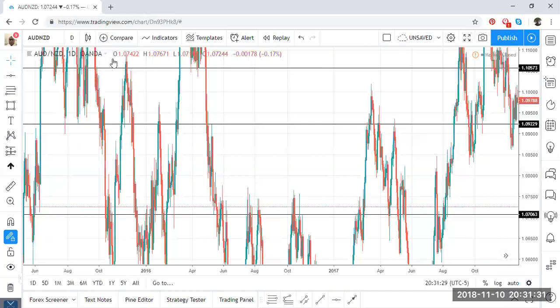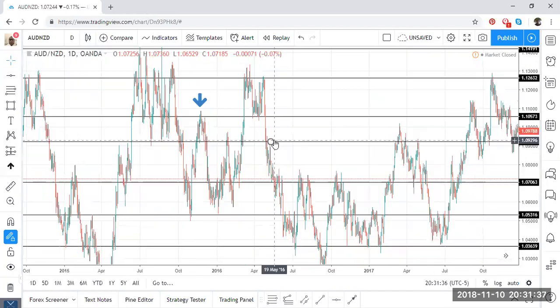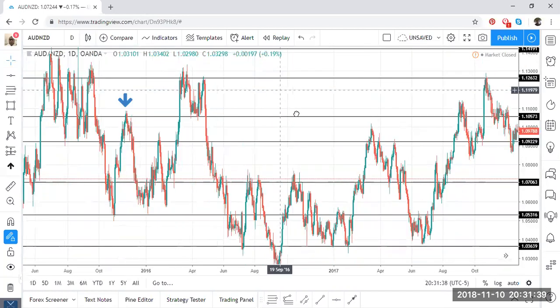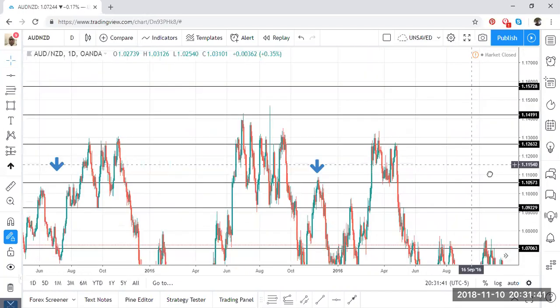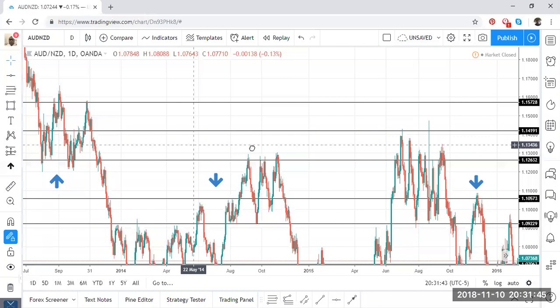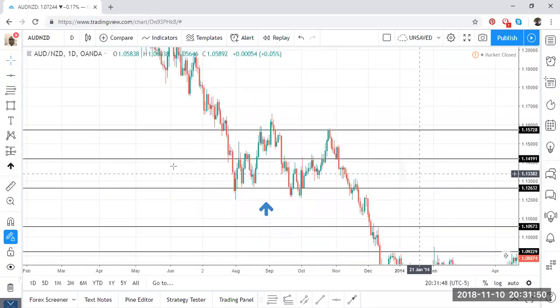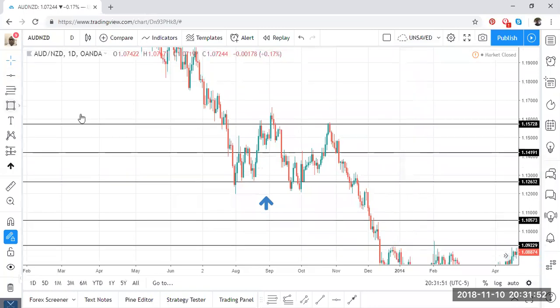I then would go back to the candles, and basically now my zones try to catch as much wicks as possible.